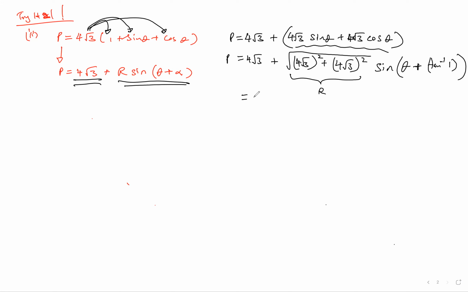Okay, so if you simplify this, you should get 4 square root 6. The r value is 4 square root 6 sine theta plus 45. There you go. Done.